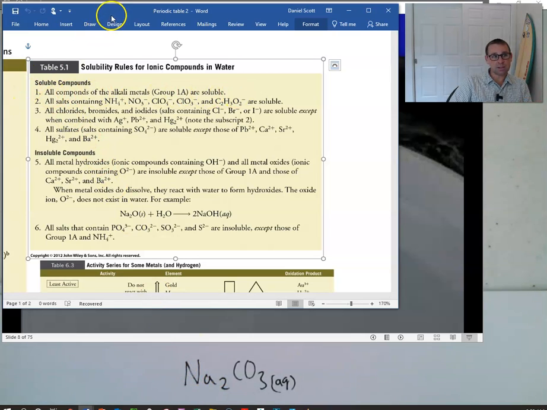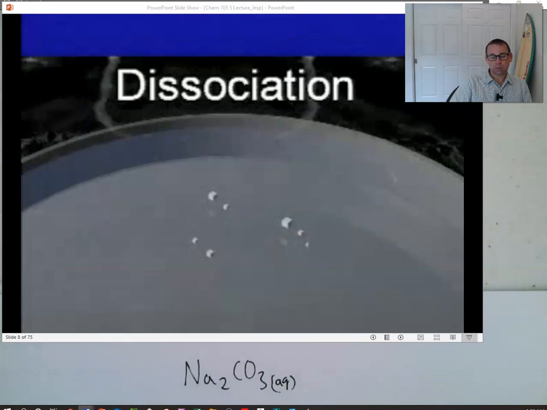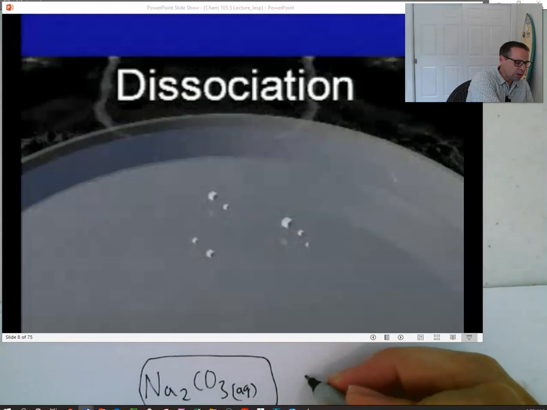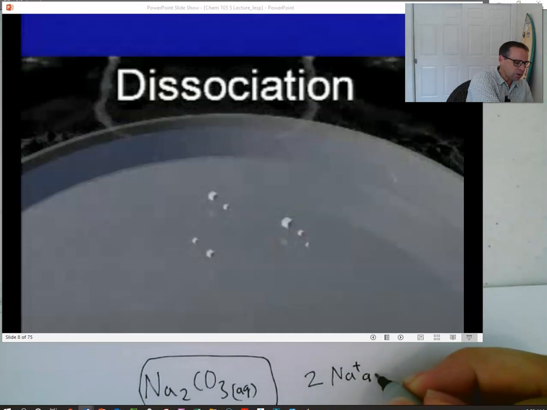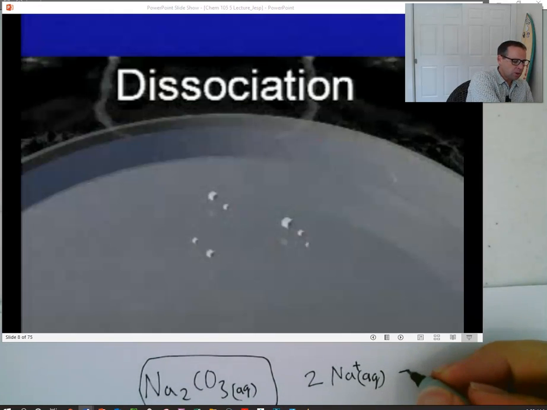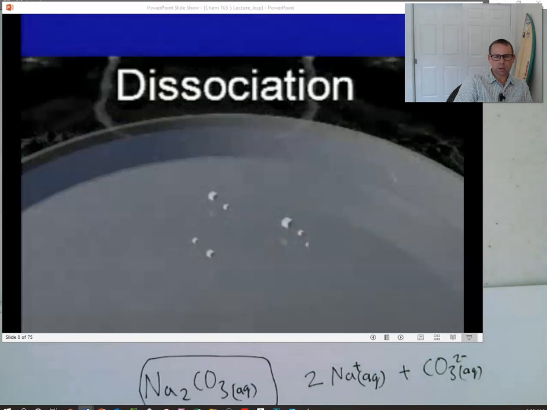So rule 1 says it's soluble. That means that when somebody writes that, what they're really saying is you have 2 of these sodium ions floating around with water molecules surrounding them, and you have 1 of these carbonate ions floating around with water molecules around it.